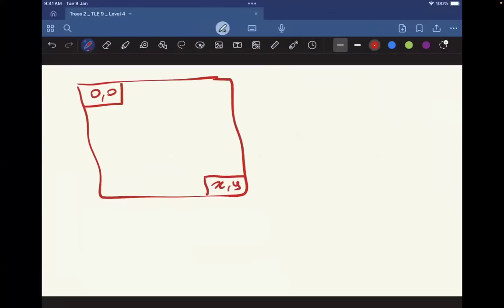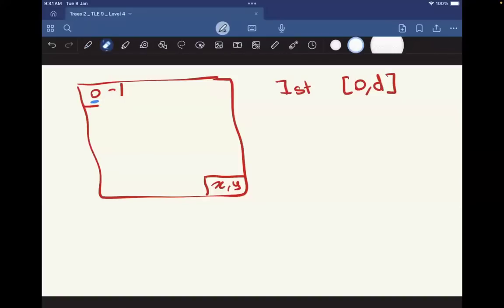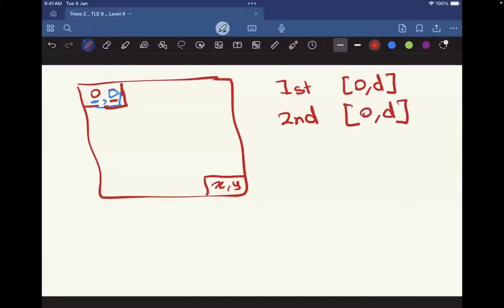Okay. Now, in the first move, we go some steps forward in range 0 to d. All right. So this right here, or this right here, whatever you want to consider as the x-axis, you can increase it by anything in range 0 to d. Now in the second move, you can increase the other coordinate by anything in range 0 to d.